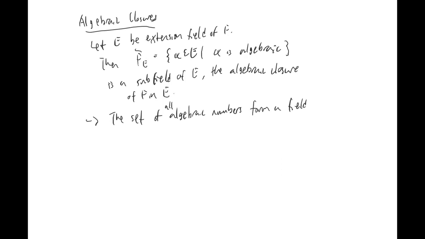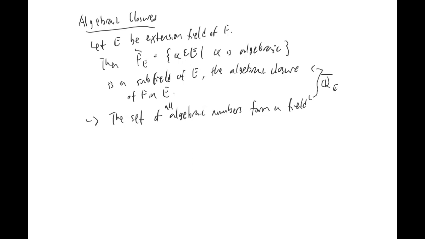Using this notation, this is the algebraic closure of Q in C, where E is C and F is Q. Because C is like the biggest field, we see that it's the stuff in C that are algebraic over Q.